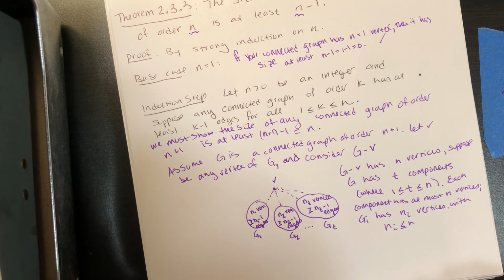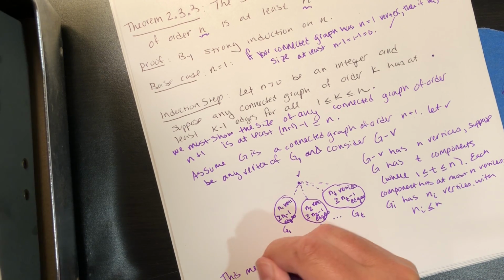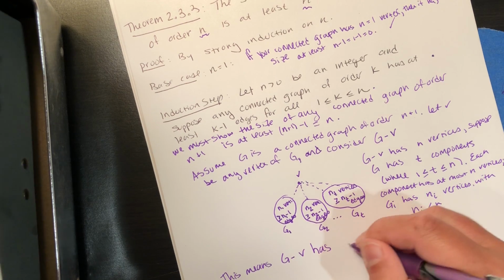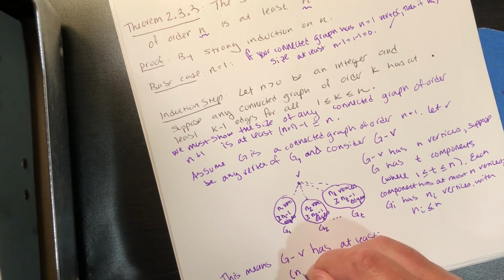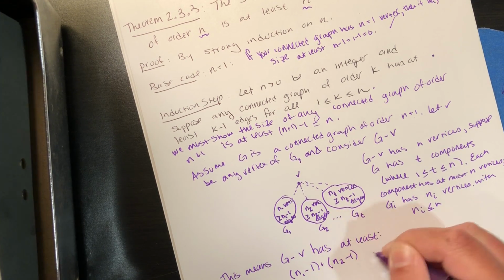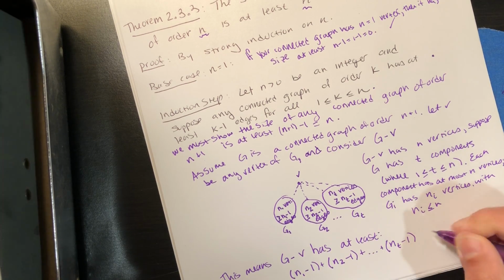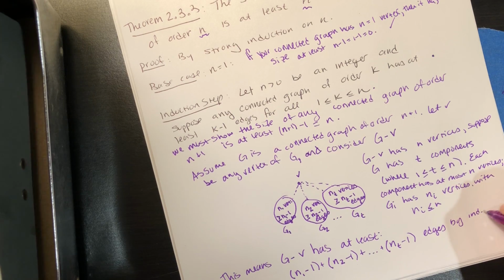And so this means that G minus V has at least n1 minus 1 plus n2 minus 1 plus nt minus 1 edges by the strong induction hypothesis.